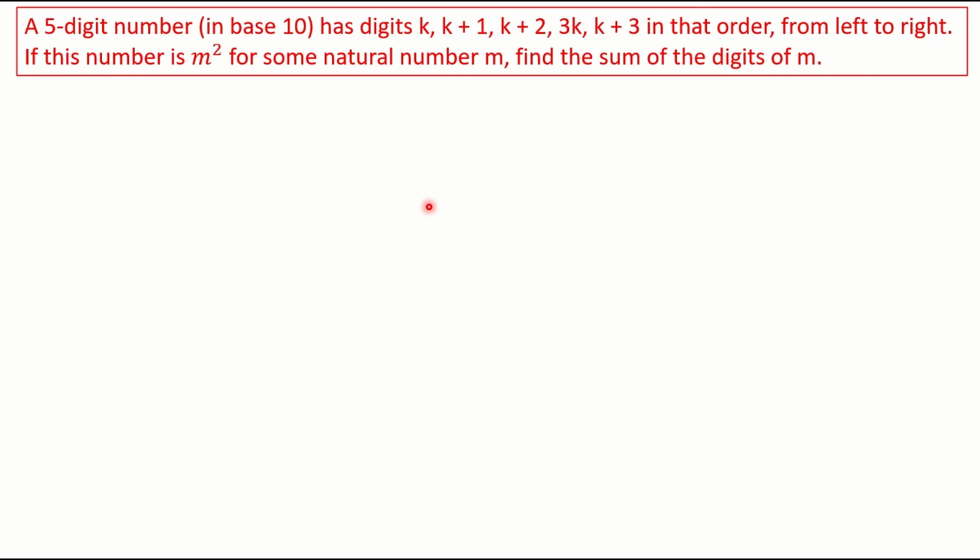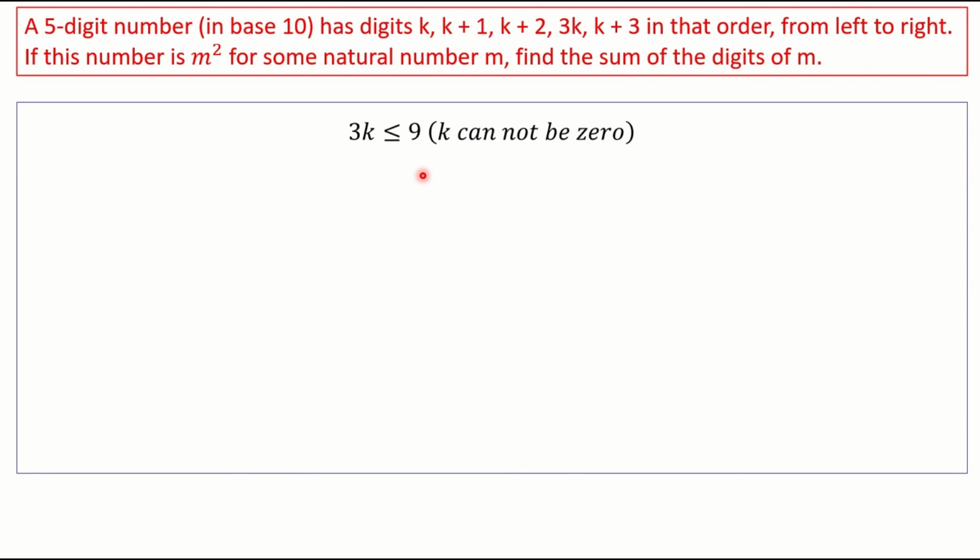If this number is m square for some natural number m, find the sum of digits of m. So he's telling, if you put these digits as a number, then it is m square. So you have to find out a number which satisfies these equations and is in the form of m square.